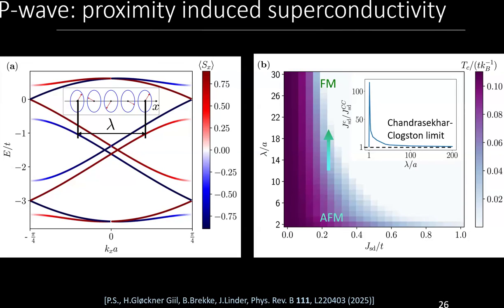But then we can increase the period and go to 4 here. It's still pretty robust. The critical temperature is high, and we need to apply a high coupling to spins to break superconductivity, which means that our p-wave magnets can coexist with spin singlet superconductivity.